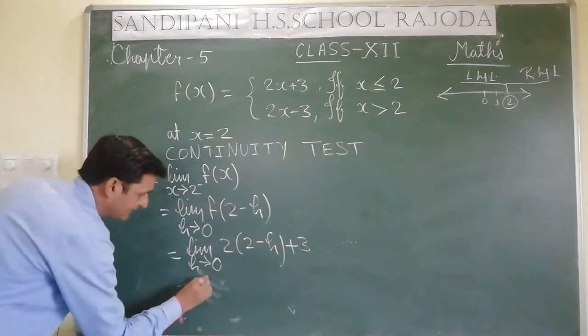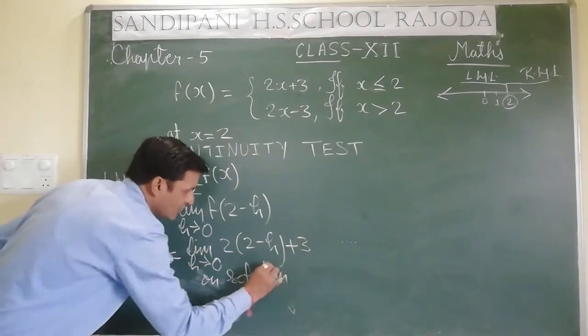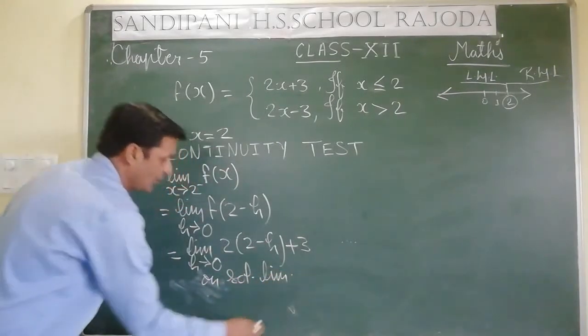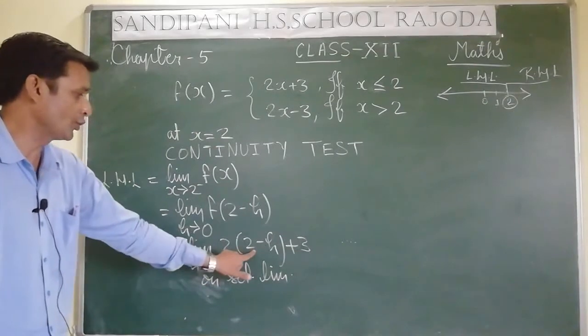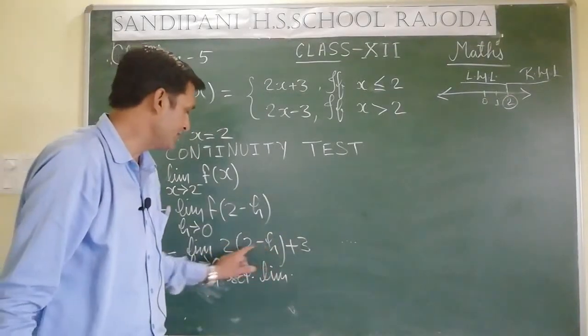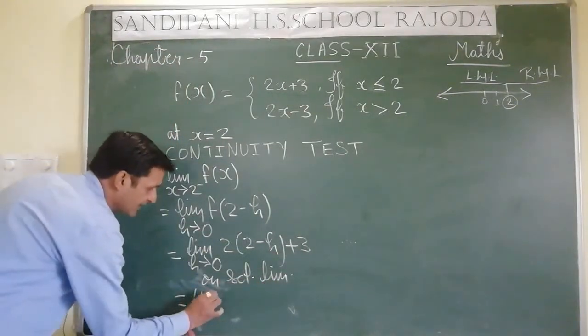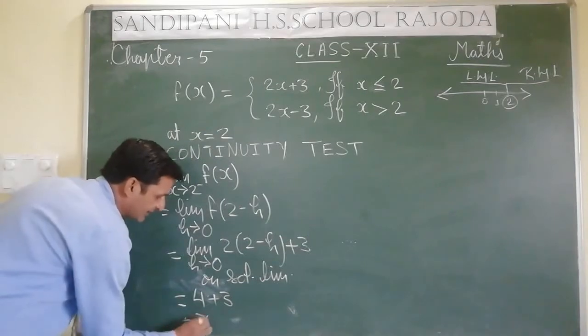on solving limit, if we solve the limit here, it will be equal to 2 into 2 minus 0, because h is tending towards 0. So 2 into 2 minus 0 means 4, plus 3. So 4 plus 3 that is equal to 7.